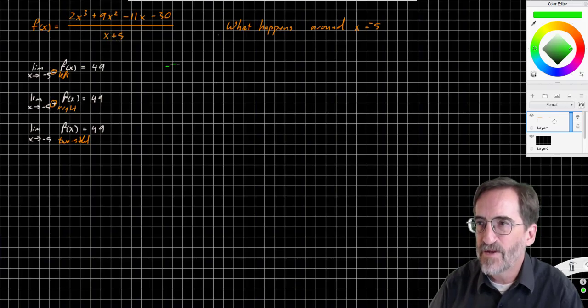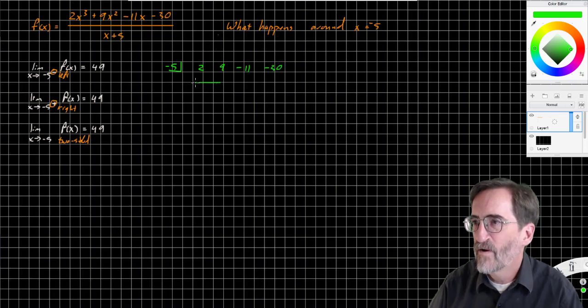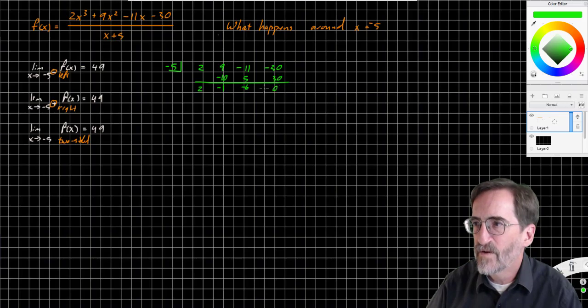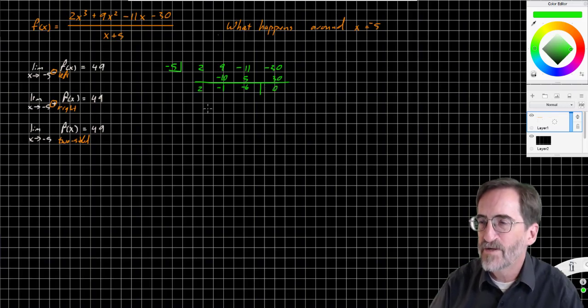In synthetic division, that means putting in a negative 5, writing the coefficients 2, 9, negative 11, negative 30. Bring down, multiply, add, multiply, add, multiply, add. It ends with 0, so that was a factor.